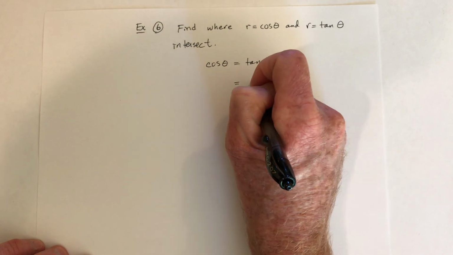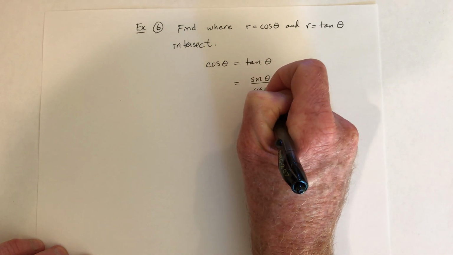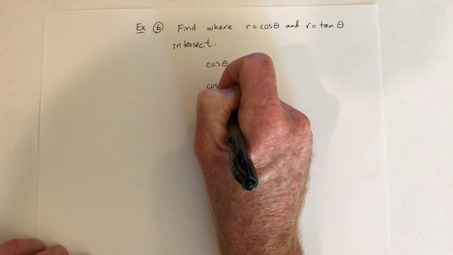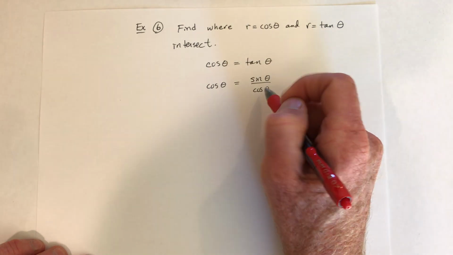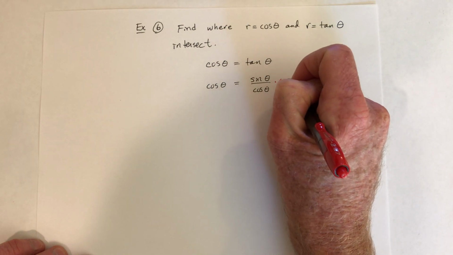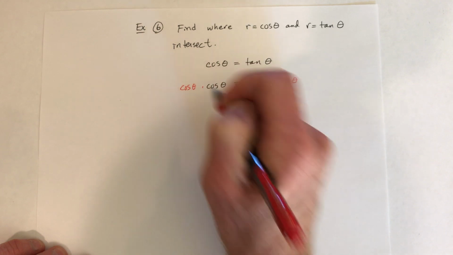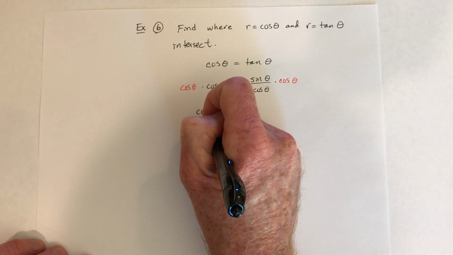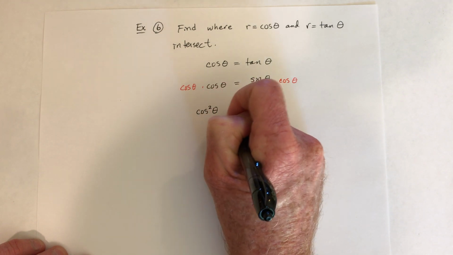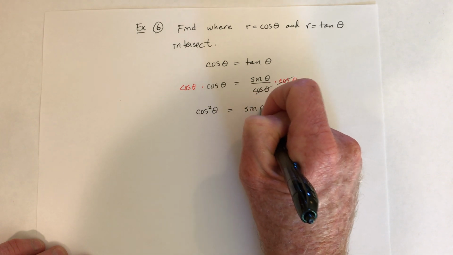For tangent, I could rewrite that as sine over cosine. And then the next thing to do is get rid of this fraction, multiply both sides by cosine of theta. So then this is going to leave cosine squared, and this is just going to leave behind sine of theta.